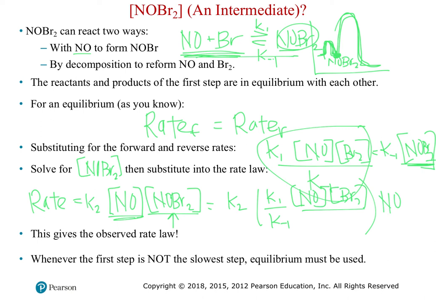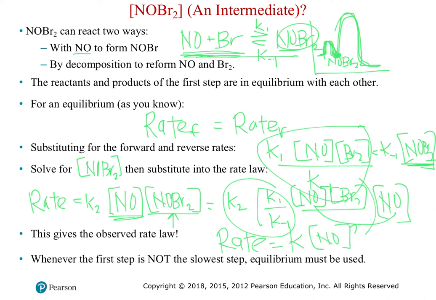It simplifies, we just simplify all of these K's into one K. We have these 2 nitrogen monoxide concentrations, so that gets squared, times bromine. So notice this is what we got for the observed rate law. So this mechanism where the first step is fast and the second step is slow is one where it does give us the rate law.